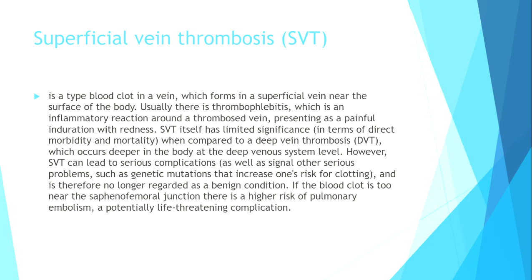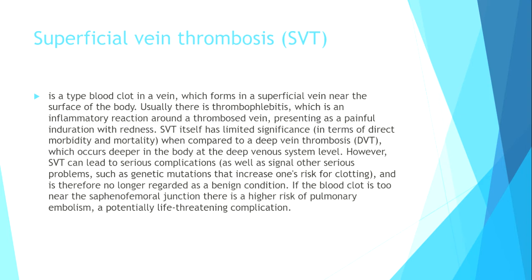Superficial vein thrombosis is a type of blood clot in a vein which forms in a superficial vein near the surface of the body. Usually there is thrombophlebitis, which is an inflammatory reaction around a thrombosed vein, presenting as a painful induration with redness.